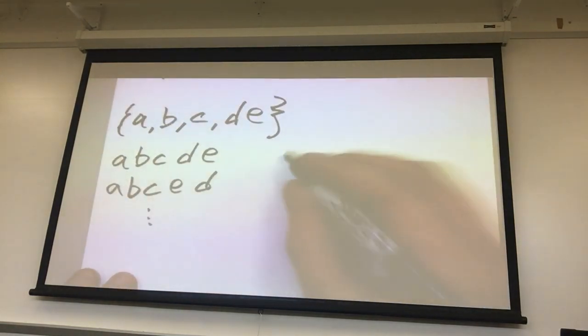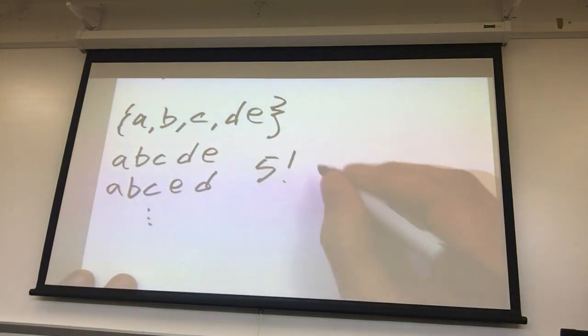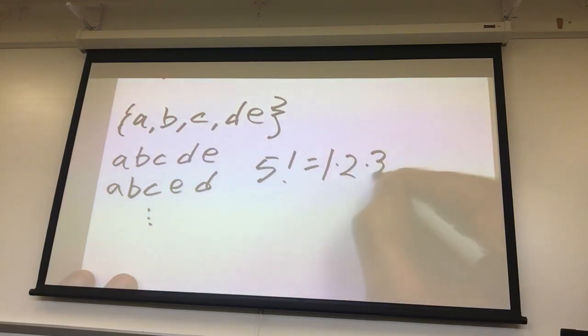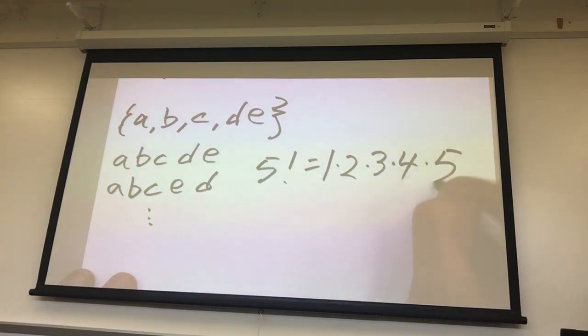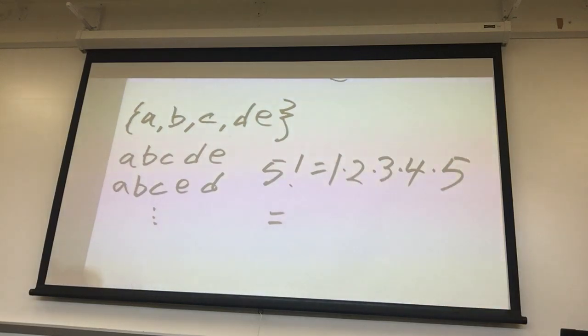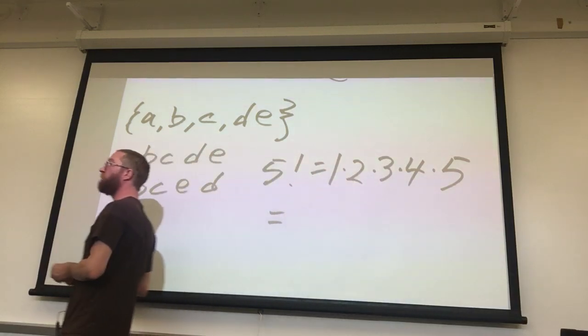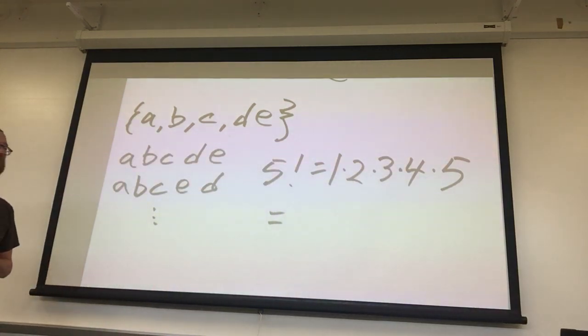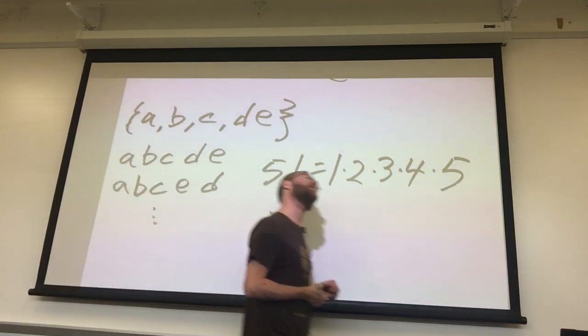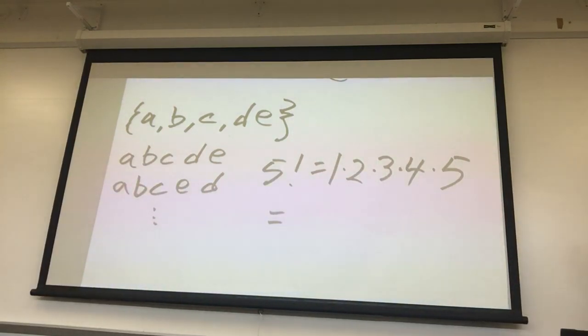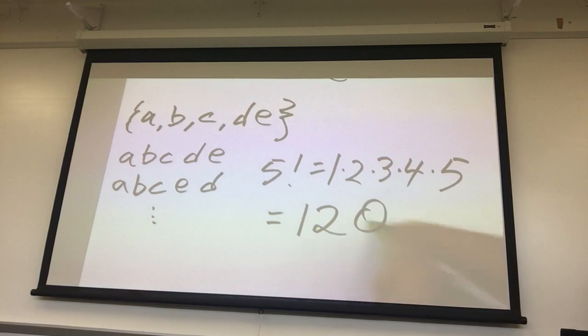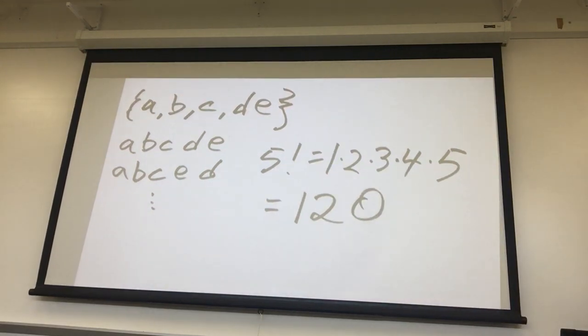Well, the number of possible permutations of this would be 5 factorial, which equals 1 times 2 times 3 times 4 times 5. That's 6 times 4, which is 24, and then 24 times 5 would be 120. So that would be 120 possible permutations.